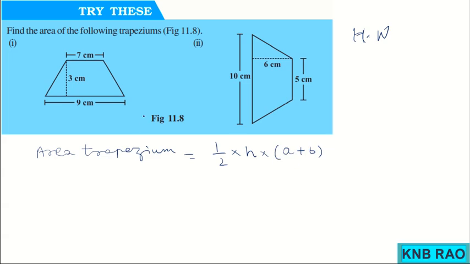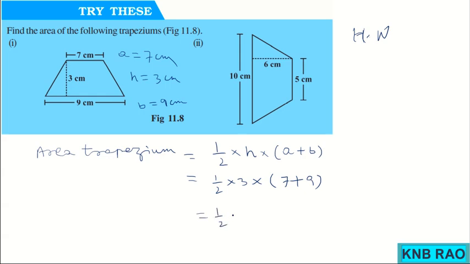You know, here A is 7 centimeter and B is 9 centimeter because both are parallel sides, and H is 3 centimeter, which is the perpendicular distance between those two parallel sides. So, we find with the formula half into 3 into sum of 7 and 9.